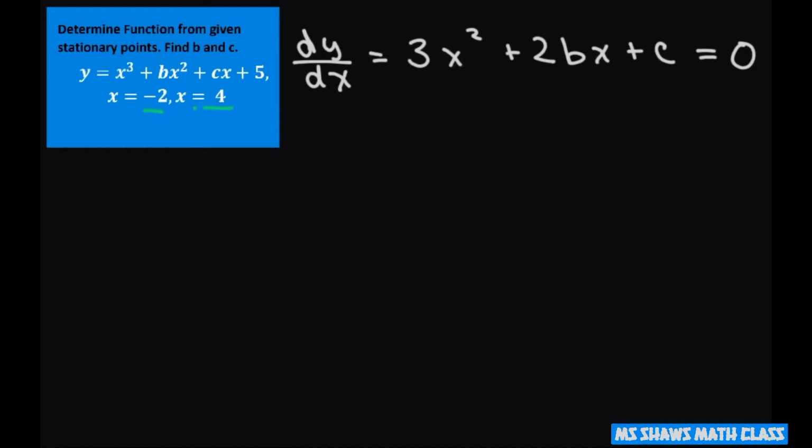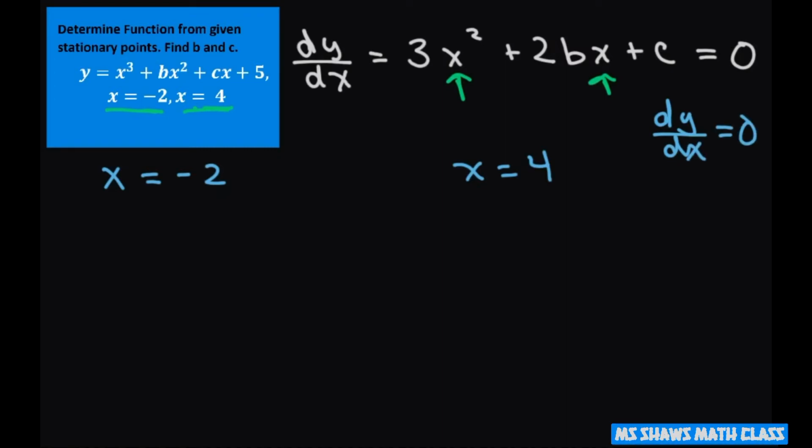So that means if you factored this, when you plug in your two stationary points, you will get 0. So that's what we're going to do. We're going to plug in our x equals -2 and our x equals 4. And that's when our derivative of y with respect to x equals 0.